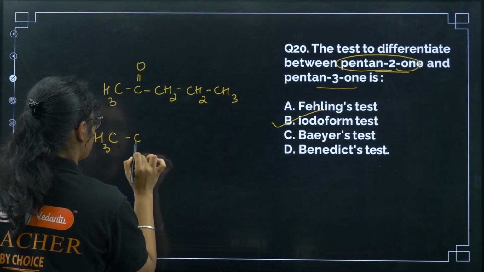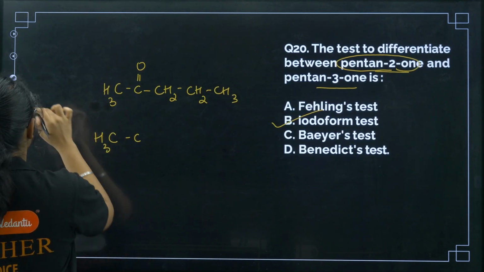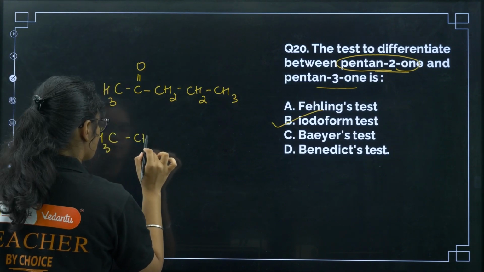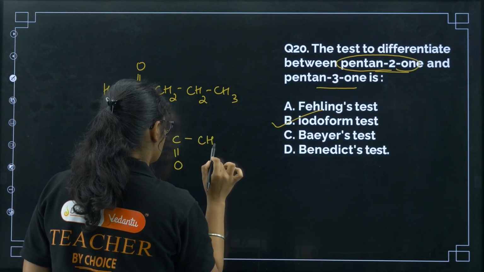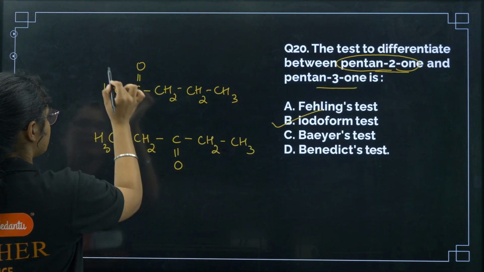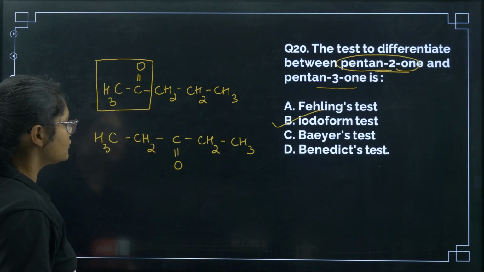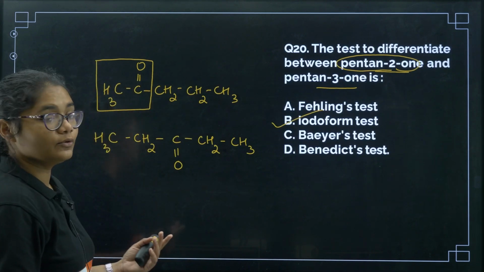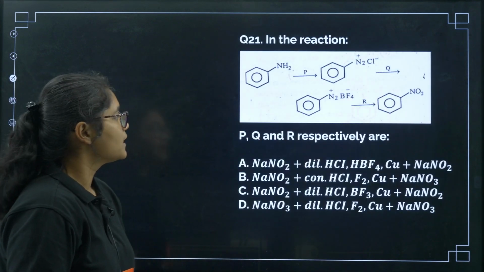Pentane 3-one, right? So here you can see we have a CH3CO group, because this group is present. Now what it can do, it can show the reaction, so the iodoform test will happen here.